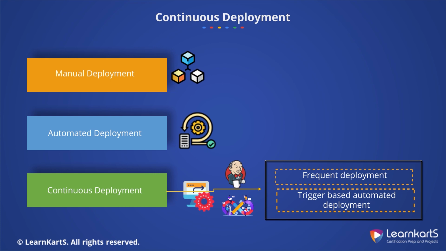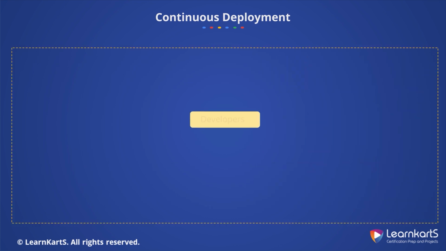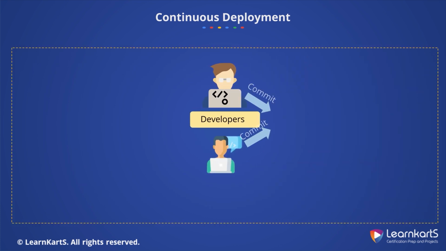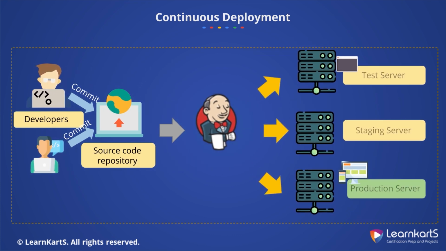In continuous deployment, this is derived on the basis of commits, so every time a developer performs a new commit, it goes up into the version control system, and from there the automated builds, the deploys and the test cases, everything will be triggered, and we will get the desired output.